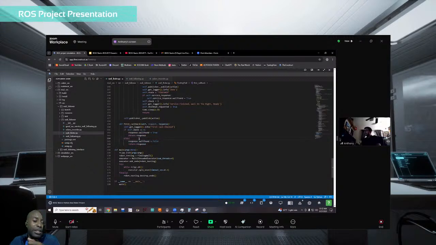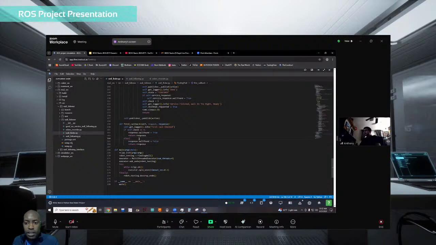All right. What re-entrant callback groups do is allow things to run in separate threads. That's why it's non-blocking. That's the important thing, because your service, by nature, will block until the response comes back before it continues execution.